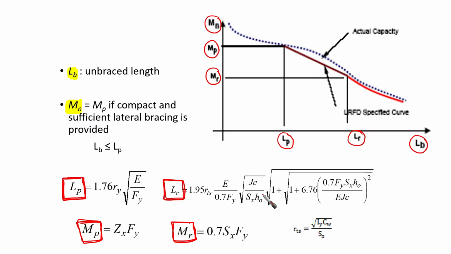Okay, now we are going to put some numerical values for the controlling parameters. So as usual, AISC is giving everything for us, or trying to make it easy for us to obtain LP, LR, MR, MP.